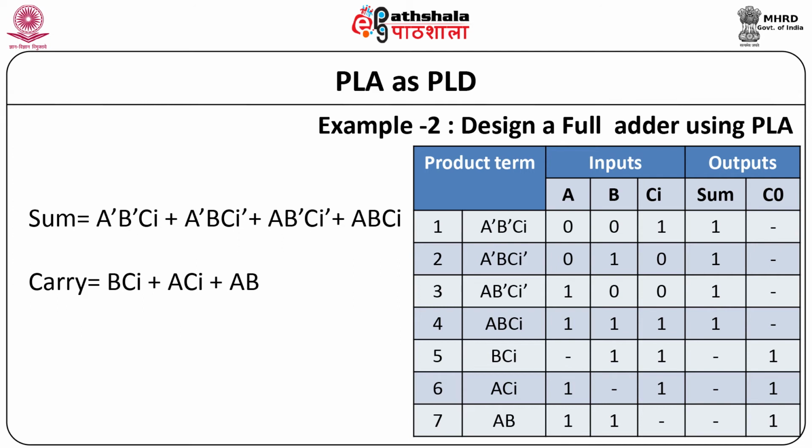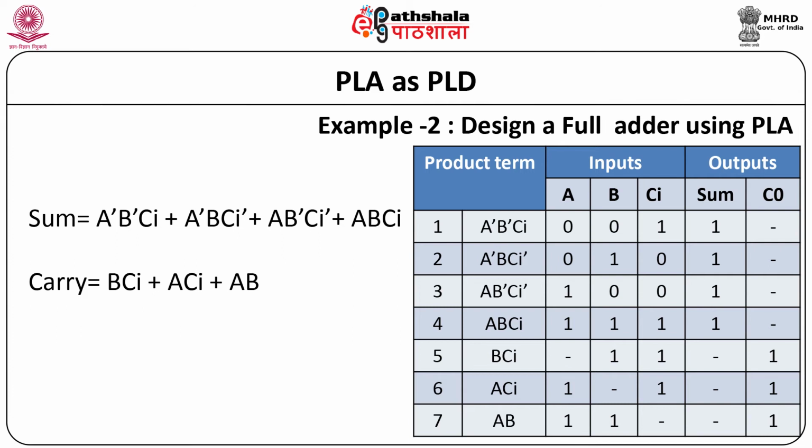The second column is to be filled in by input variable value 0, 1 or dash. 0 is placed when the variable is active low, 1 corresponds to active high variable and dash for absence of variable in the product term.